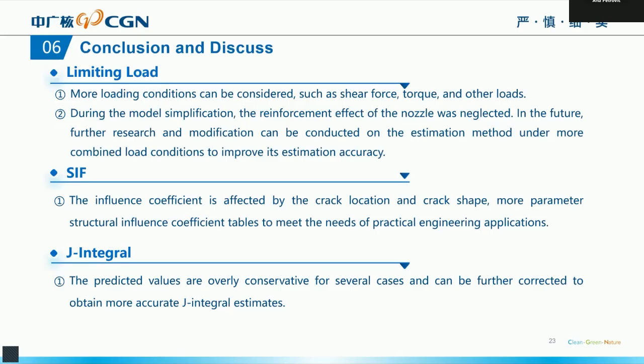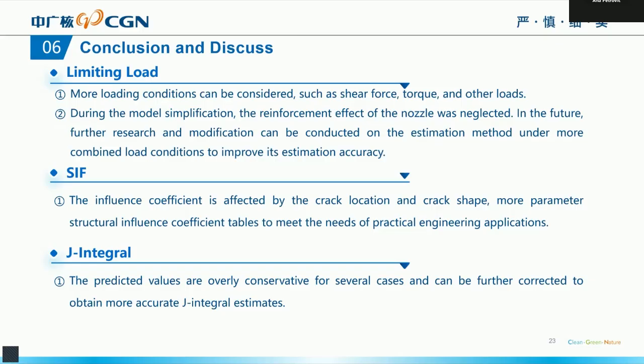And there is still further work we can do for the limit load. More load conditions can be considered, such as shearing force, torque, and other loads. And during the model simplification, the reinforcement effect of the nozzle was neglected.